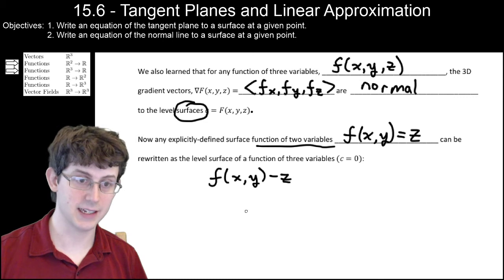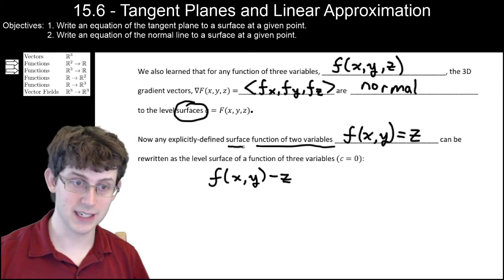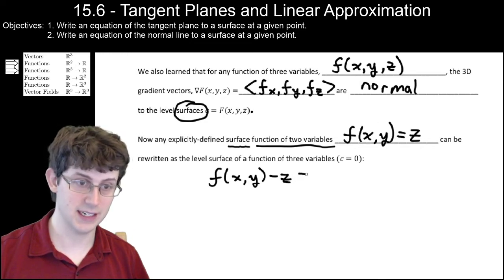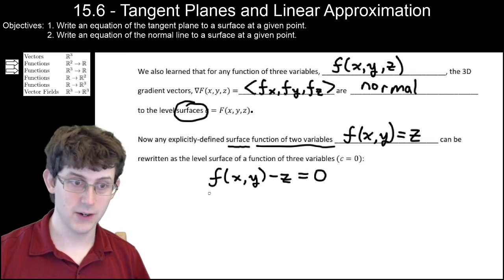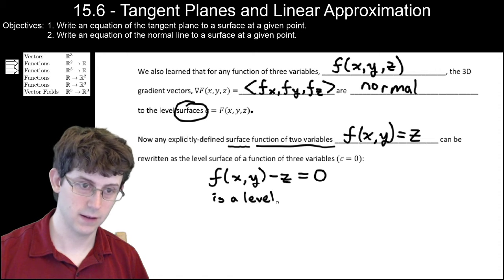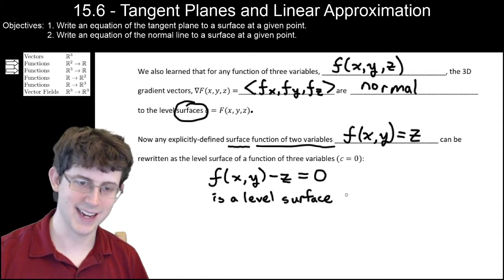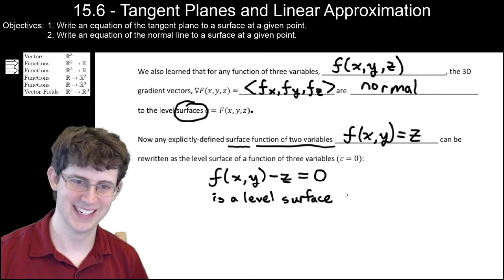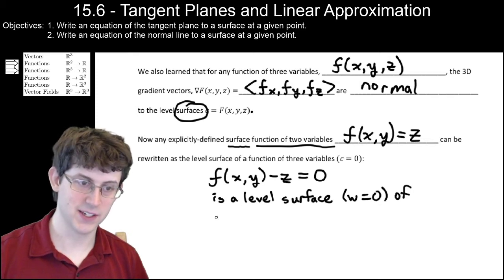If you plug in an x, a y, and a z, you'll get a number. The surface that we are interested in from our z equals f of x y is the one where this equals 0. This equals 0 is a level surface. It's the level surface at, I can't say height, at value 0, of this function of three variables.